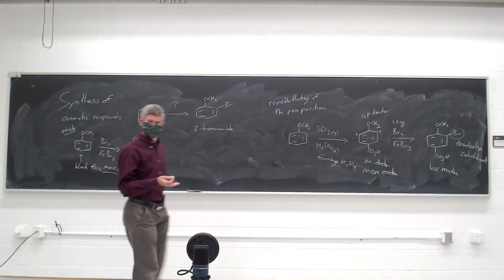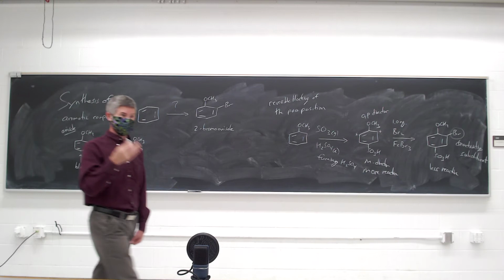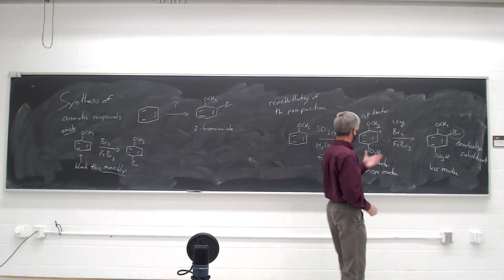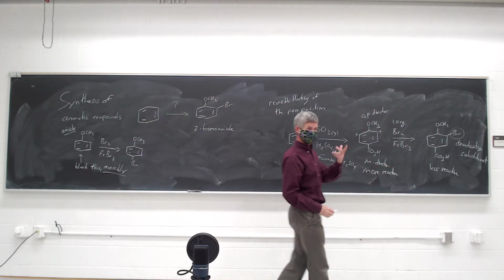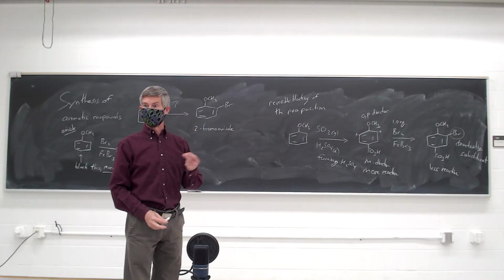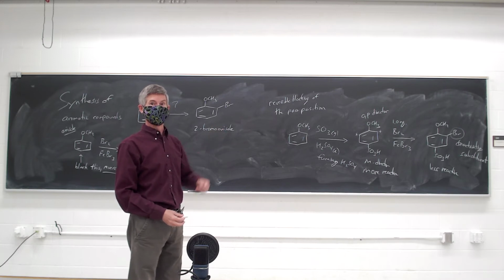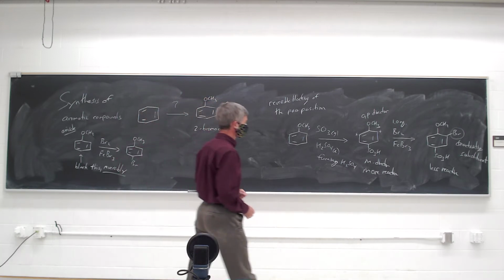Does that make sense? Generally, it's possible to stop when the product of the reaction is less reactive to the reaction conditions than the starting material. If the product is more reactive, it's difficult to stop, and that's why we have to worry about over-alkylation when we have an alkyl group, because the next substituent on actually activates the ring.